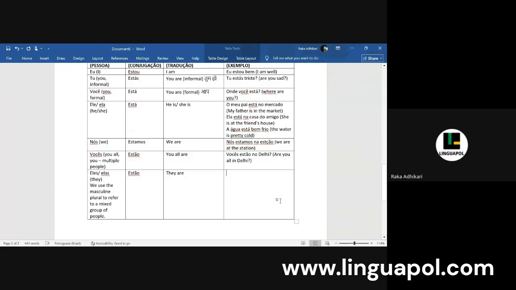For example, let's say as crianças, the kids, the children, as crianças estão animados. That means the children are excited. The word animado is an adjective. It means excited.